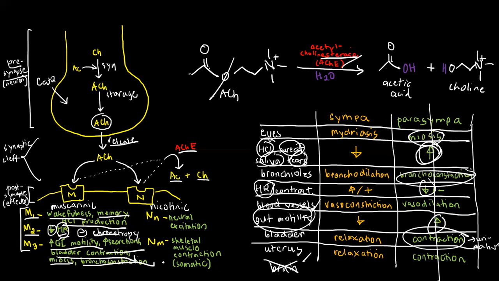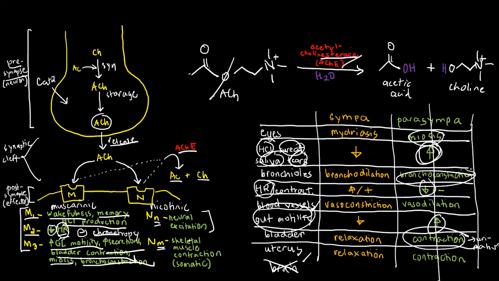Now, for the nicotinic receptors, we have two subtypes, NN and NM. N stands for neural, so when you stimulate it, it causes neural excitation, which is quite a general description of an effect, right? But that's a good thing because at least we will not be mentioning this in the ANS. Another thing is NM. M here, you could assume stands for muscle.